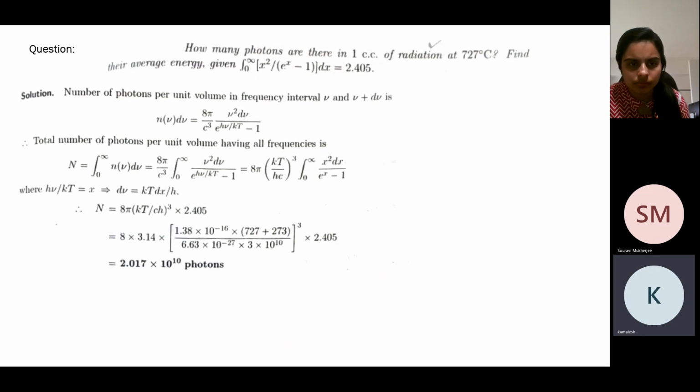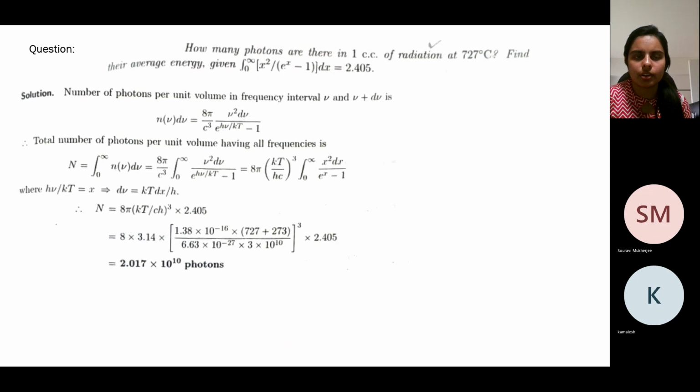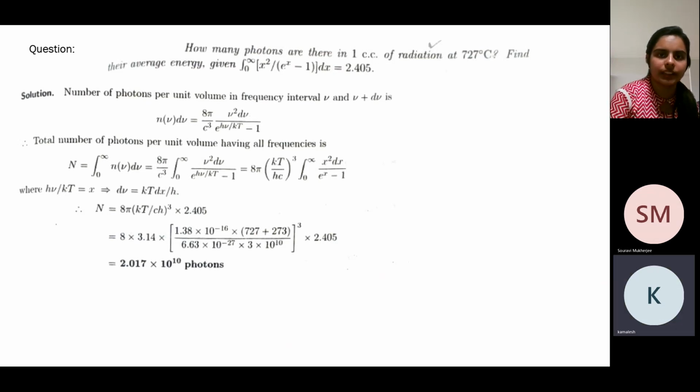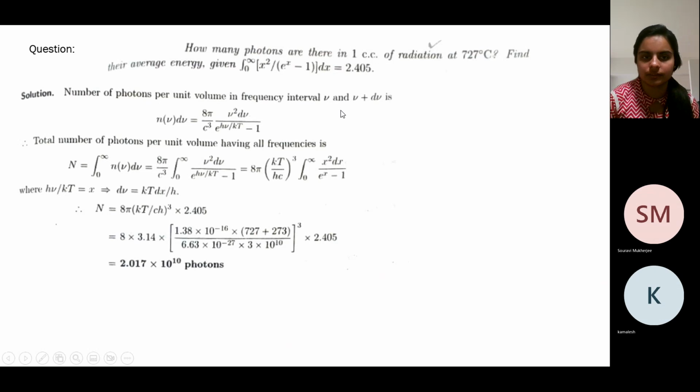Ma'am, here the integral from 0 to infinity of x squared by e to the x minus 1. Is it a standard integral? Yeah, I think they have solved it numerically. It's a difficult integral to solve. So that's why they have provided the value directly. It's a very mathematically involved integral.